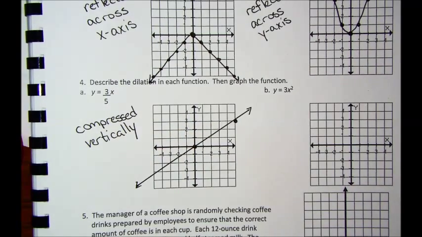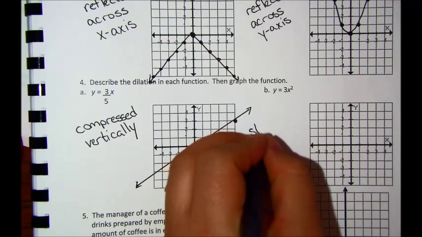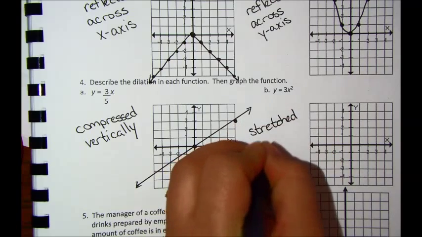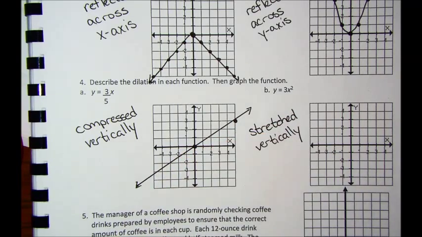Next A value is 3. Is that 3 greater than 1 or between 0 and 1? Greater than 1. So is it stretched or compressed? It is stretched vertically. Again, if we want to graph this, easiest way is make a table.